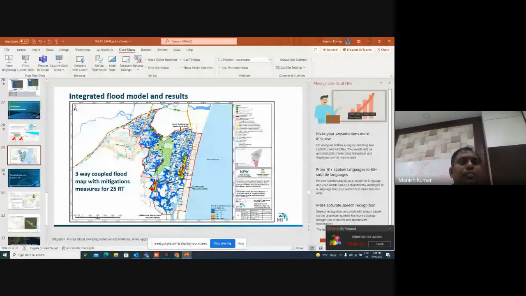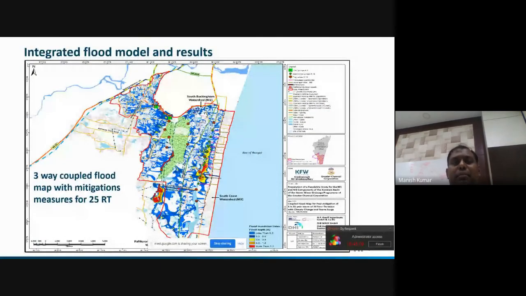So basically it's the Kovalam basin of the Greater Chennai Corporation. The Kovalam basin is near the sea, and you have this river system flowing through this area.